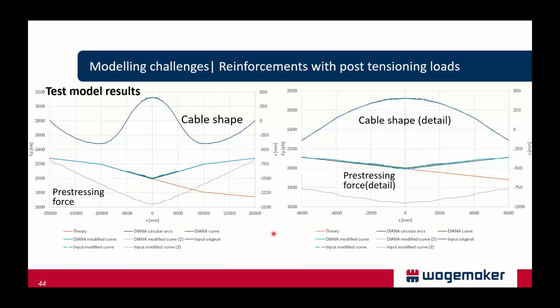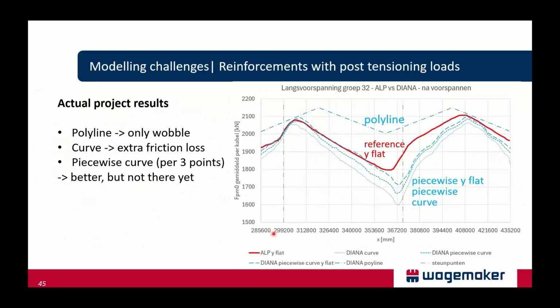And this test model was actually inspired on a real case where we experienced this same problem. And that's shown here. We have here in red a reference calculation using different software, and let's say a rationalization of the cable shape.